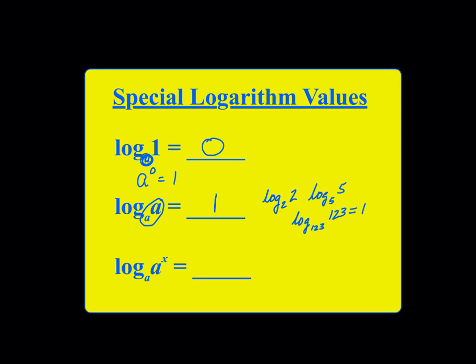All right, and the last one here says log base a of a raised to the x power. So these two numbers need to be the same number. So if you think about this, this would be a raised to what power is equal to this, a to the x. Well, in that situation, your bases are the same, which means what we're looking for has to be the x. So that gives us an x right here.